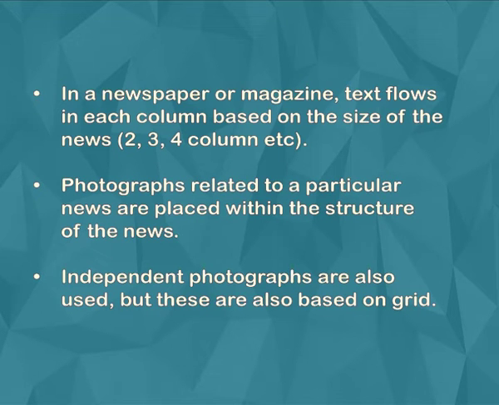In a newspaper or magazine, text flows in each column based on the size of the news: 2, 3, 4 column, etc. Photographs related to a particular news are placed within the structure of the news. Independent photographs are also used, but these are also based on grid. Maintaining basics of the grid is necessary, but it is not compulsory.